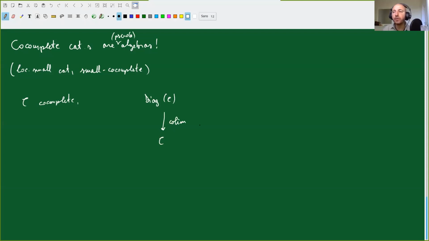What this is, of course, is a choice of a colimit for each diagram. Okay, so we're using some kind of large choice here. It doesn't really depend which colimit we take in its equivalence class. Any choice of colimit would do, and will make the thing automatically coherent because of the universal properties of colimits.